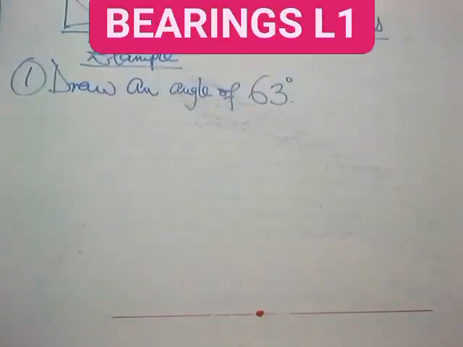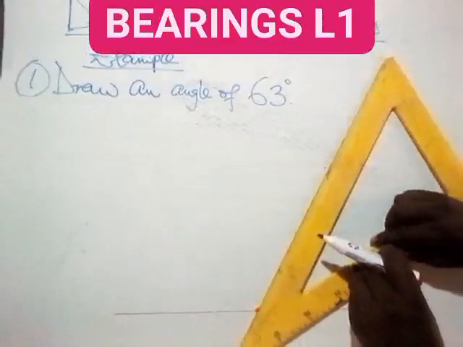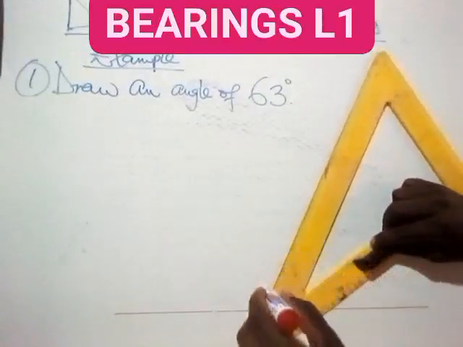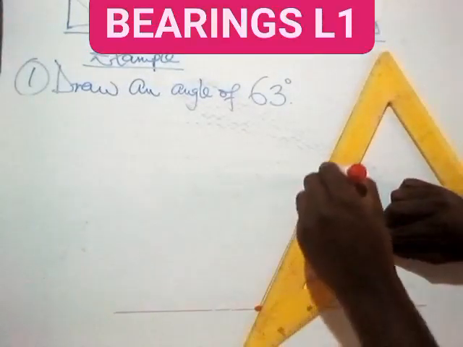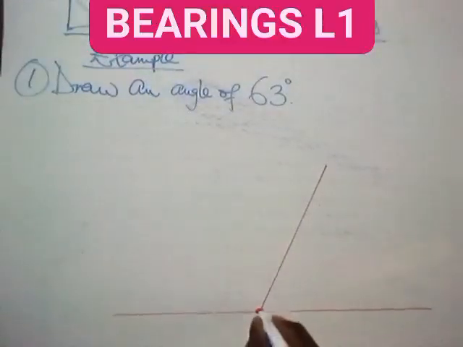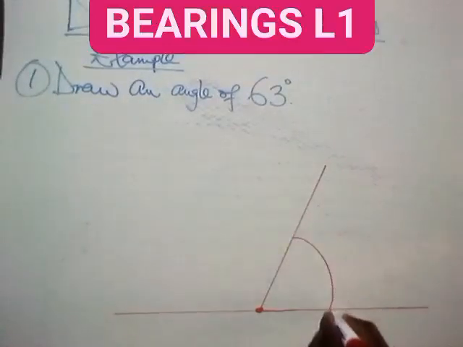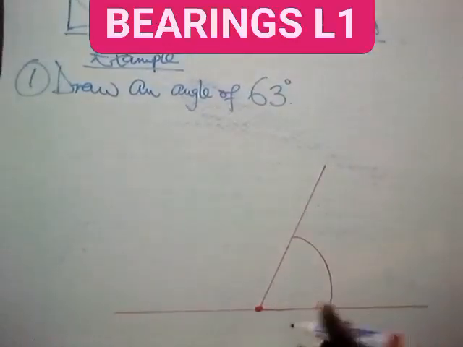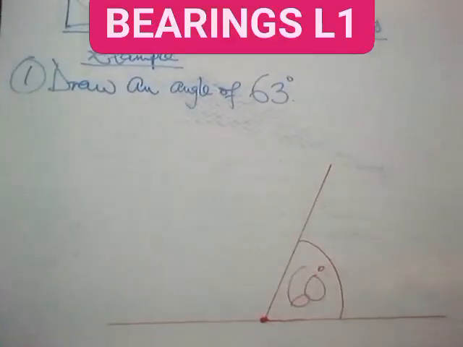So how do we now come up with the angle which is 63? Now we'll connect the two points, the center and also that point where I found my 63. Then the angle I have formed here is 63.